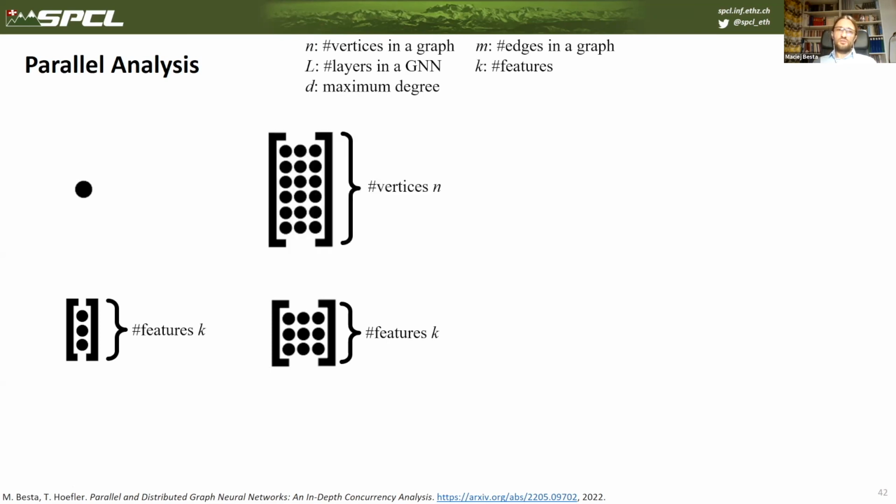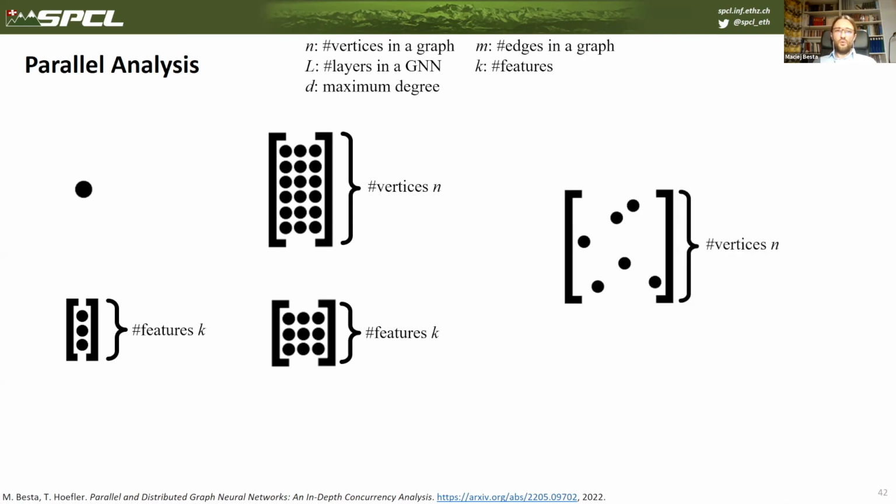We are also going to use the tall and dense matrix, where the small dimension is the number of features, and the big dimension is the number of vertices. And finally, we are also going to use the symbol of a sparse matrix with the number of dimensions being the number of vertices, and the number of non-zeros in this big sparse matrix is the number of edges. So this is really our adjacency matrix, or something based on the adjacency matrix with the same sparsity pattern.